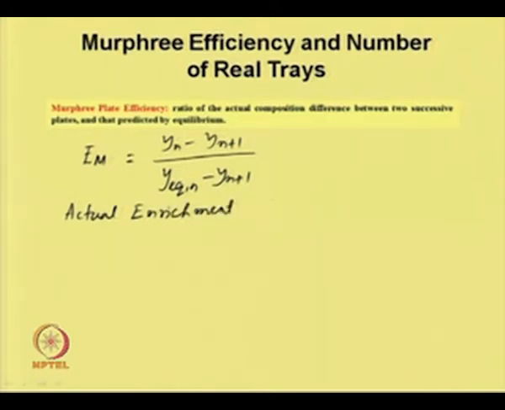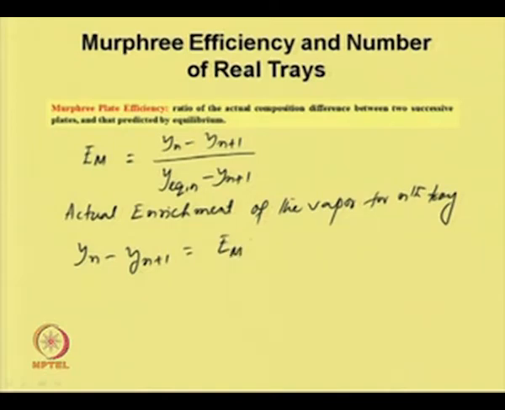The actual enrichment of the vapor on the nth tray we can write as Yn minus Yn plus 1 equal to EM times Y equilibrium minus Yn plus 1.